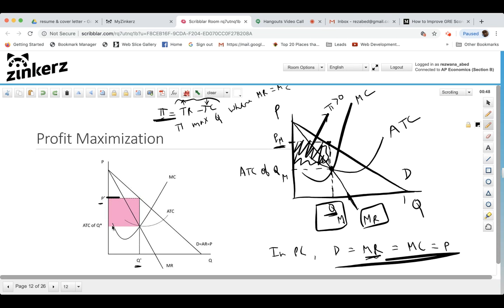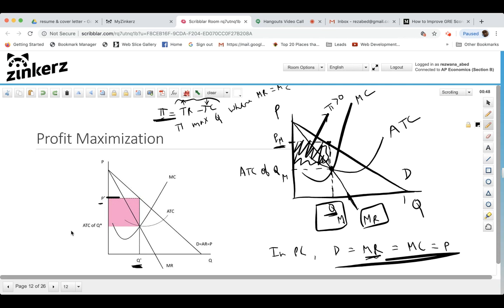So here we're seeing in this graph what the monopolist's profit maximizing output is, and then what price they charge. Does that make sense?